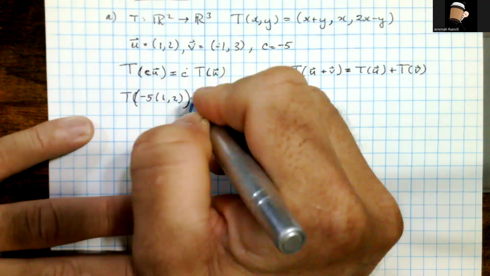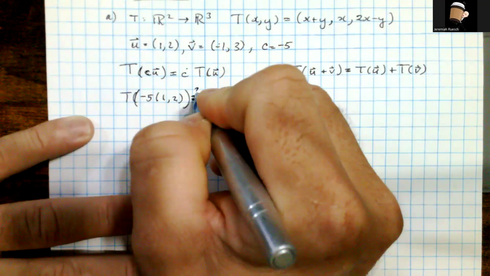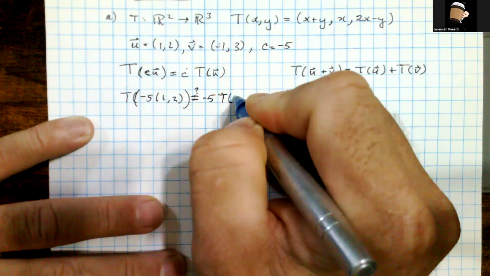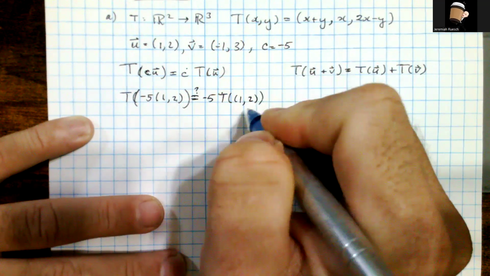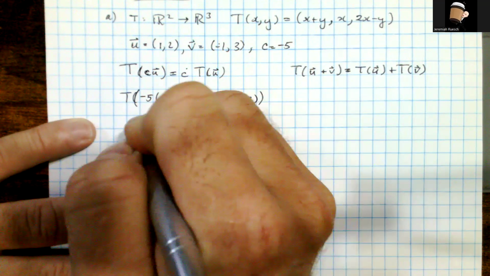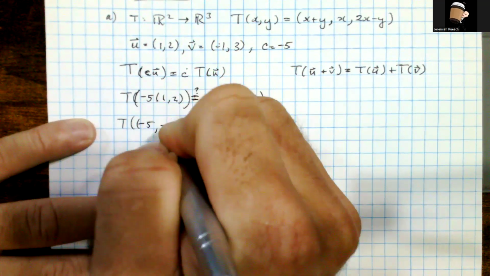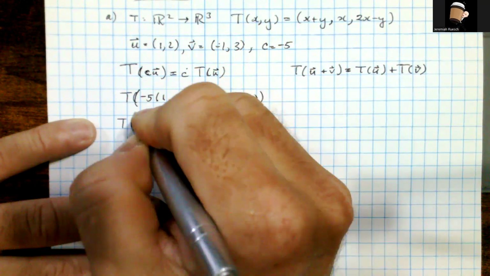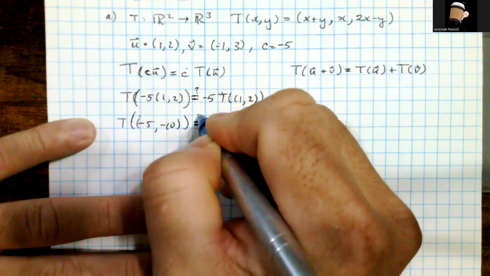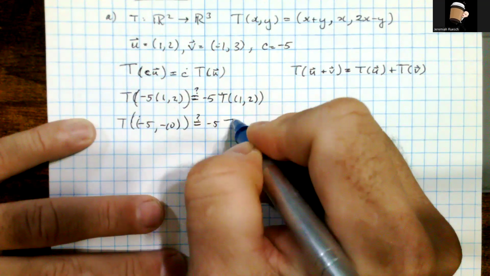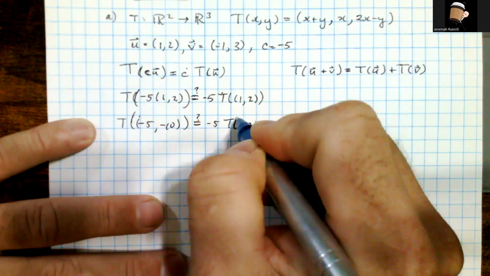I'm going to treat this like a question mark: this would equal negative 5 times the transformation of (1, 2). So on this side, we have the transformation of (negative 5, negative 10), and on this side, we have negative 5 times the transformation of (1, 2).